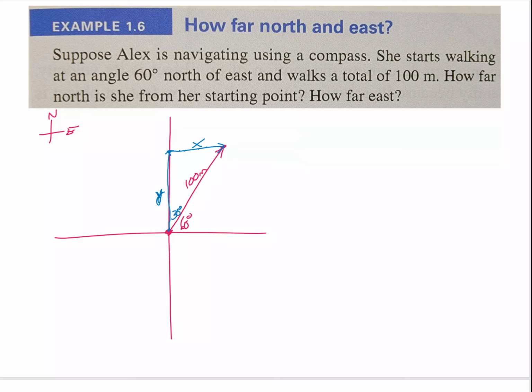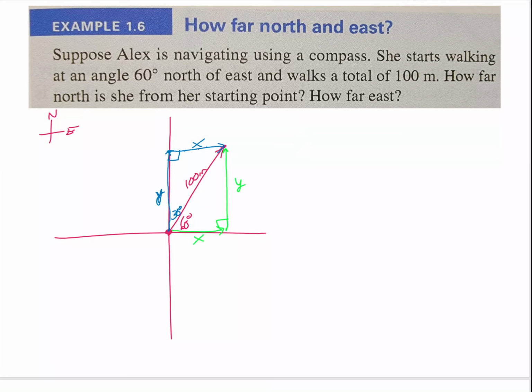Now, that's just the way I drew it. Maybe you thought, what if she walked east first? So that would be to here, and I call that x, and then she went north, and that's y. It doesn't matter. In both cases, there's a right angle sitting right there, and then it's 30 degrees, and in the other case, there's a right angle sitting right there.